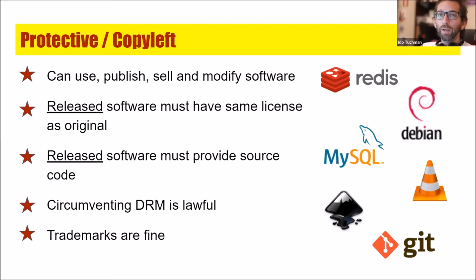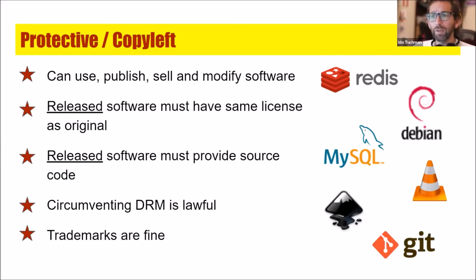So a protective license gives you the freedom to use, publish, sell, and modify their software under certain conditions. If you don't meet those conditions that I'm going to tell you about, then that license is automatically revoked, or there's sometimes a cure period that you can fix whatever you're doing so that you can get back the license.